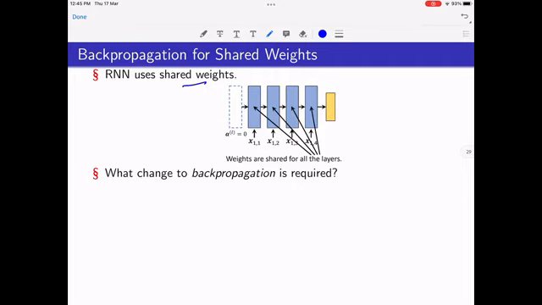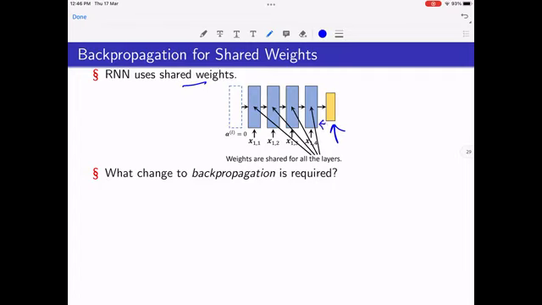Now, if we do this simple, normal backpropagation, what we will do is compute the del J with respect to the output, and then pass the delta through this layer.